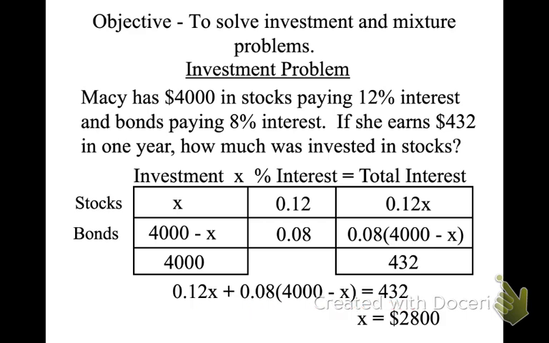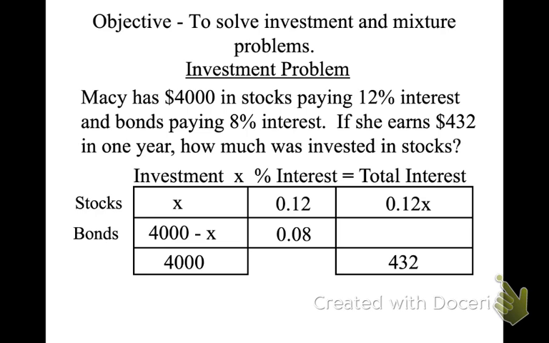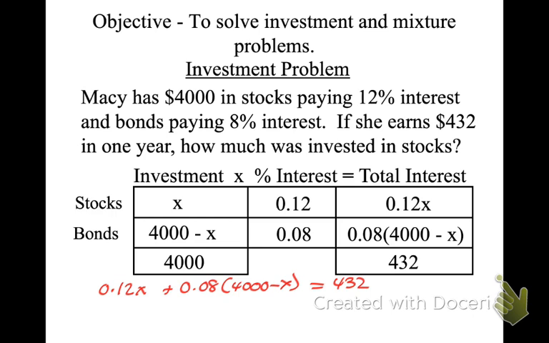Okay, so then I have 0. When I'm multiplying by 100, we get 12x plus 8 times 4,000 minus 8x equals 43,200.